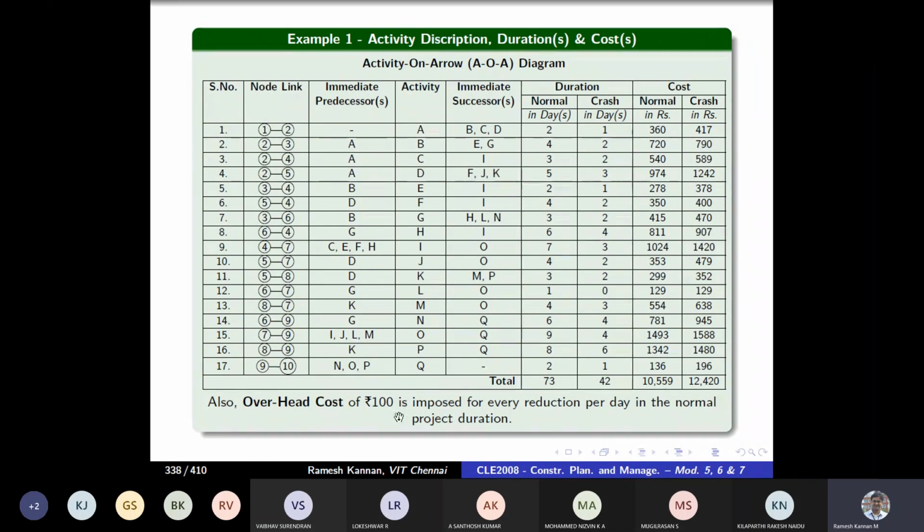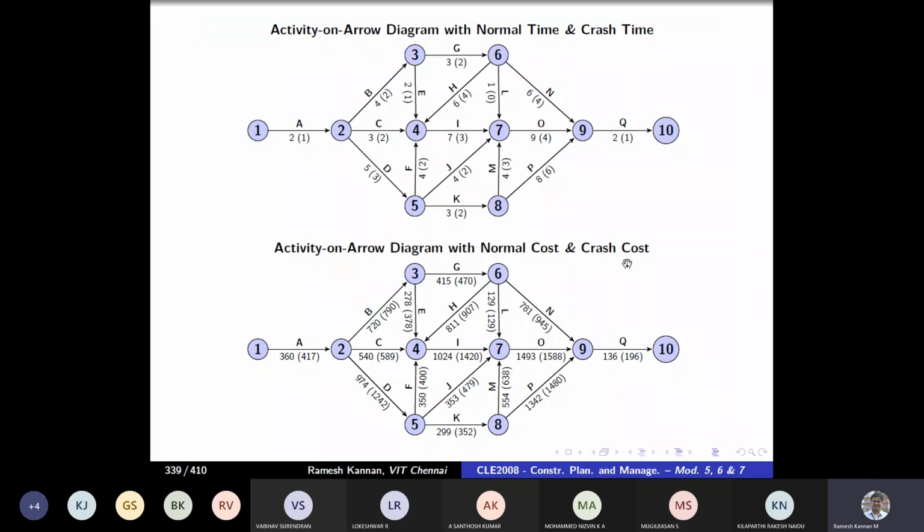This is all activity cost, and overhead cost you can call a contingency or site expenditure, or maintaining some facility. That is what we call overhead cost, and it is generally calculated per day, and here it is 100 rupees per day. This is very interesting.